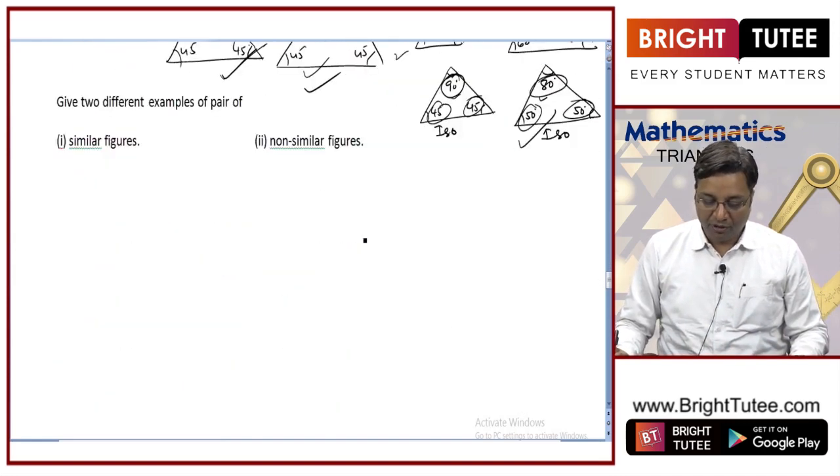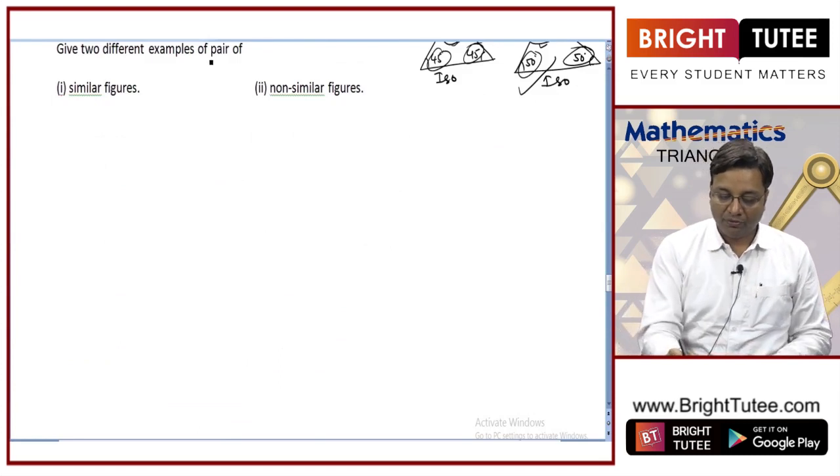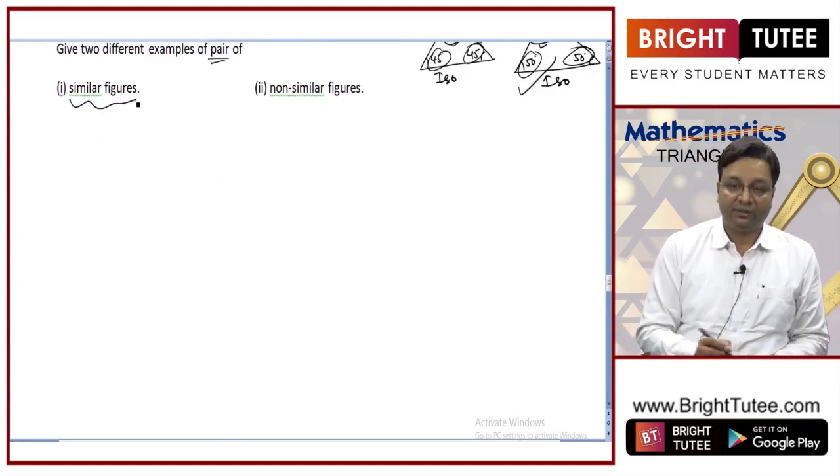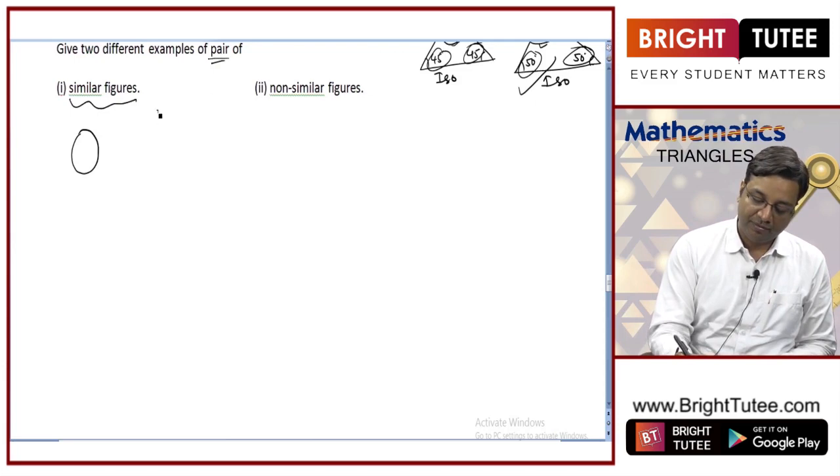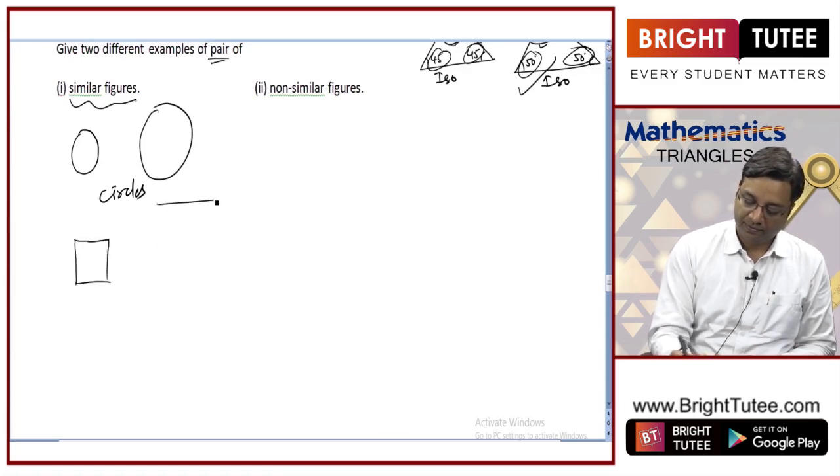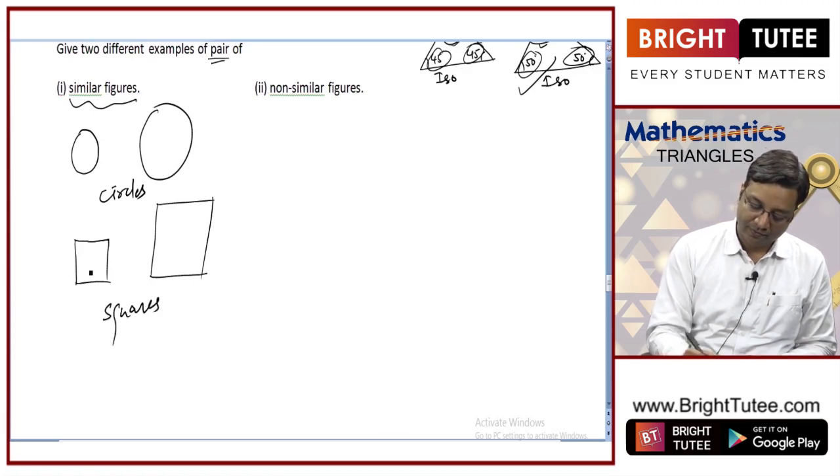Now, give two different examples of pair of similar figures. So, we can take first example as circles, second example may be squares, right.